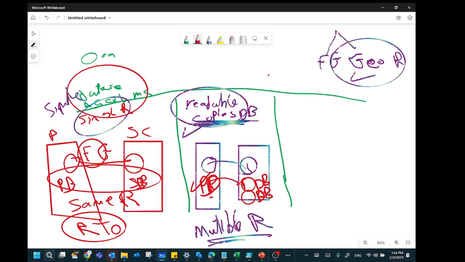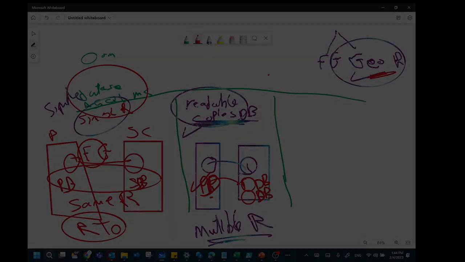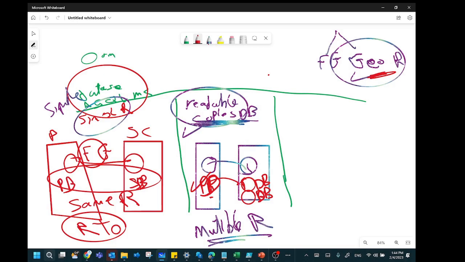So this solution with geo replication provides you with a high level of data protection and availability, as well as the ability to read data from multiple regions in near real time.